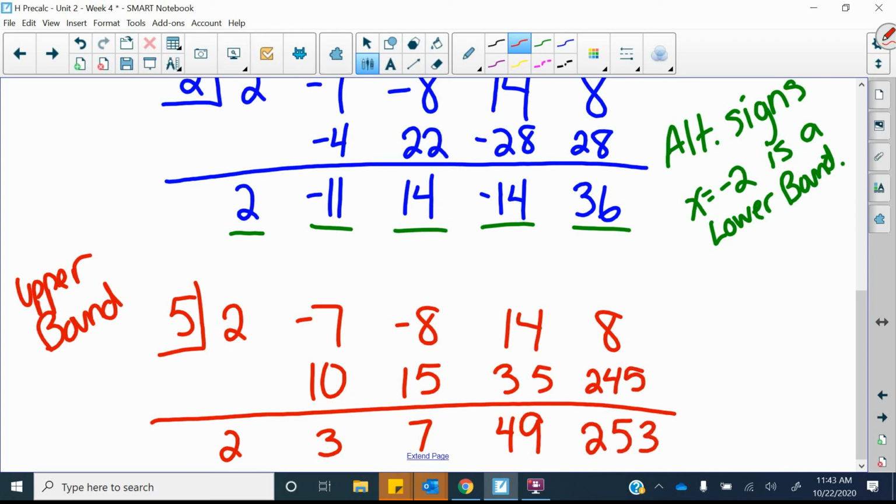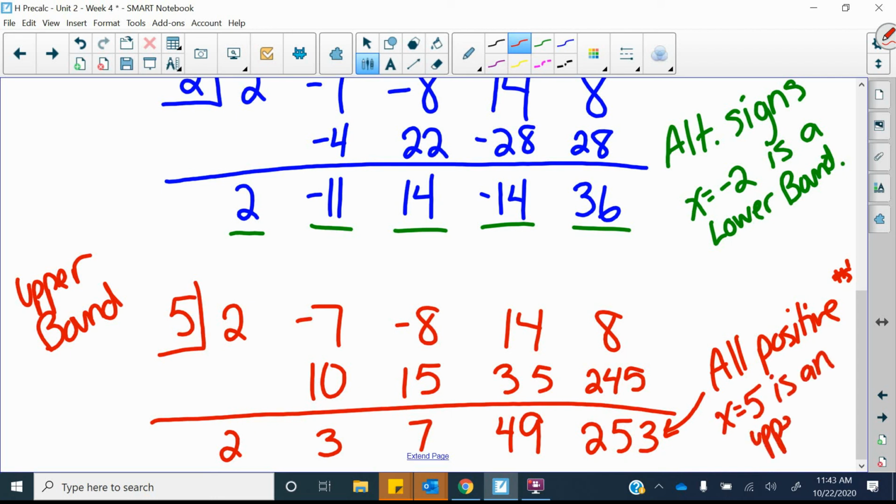Notice our last line here is all positive numbers. Since these are all positive numbers, that means x equals 5 is an upper bound. So basically, that's telling us that we will not have any rational zeros beyond positive 5.